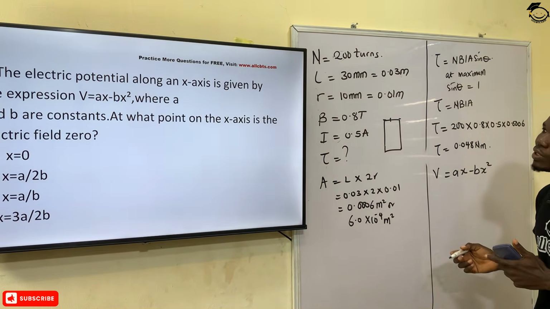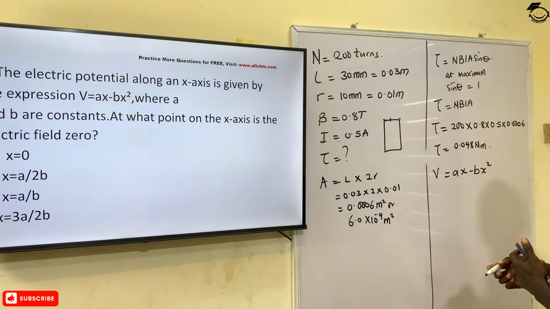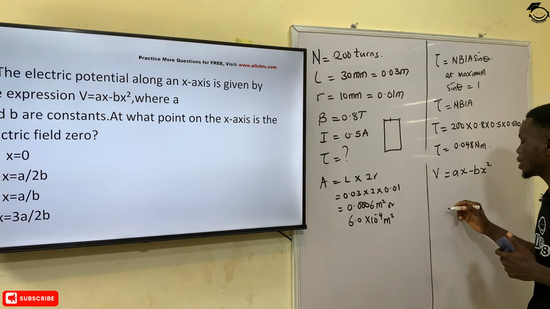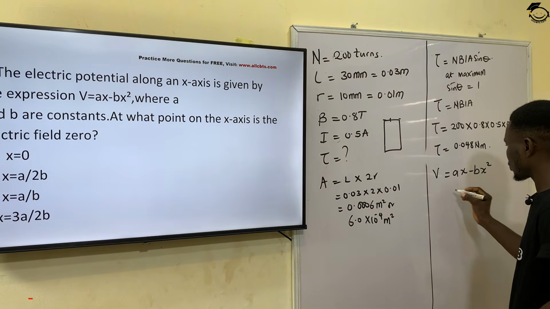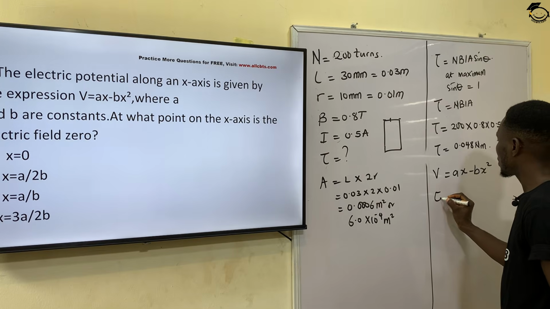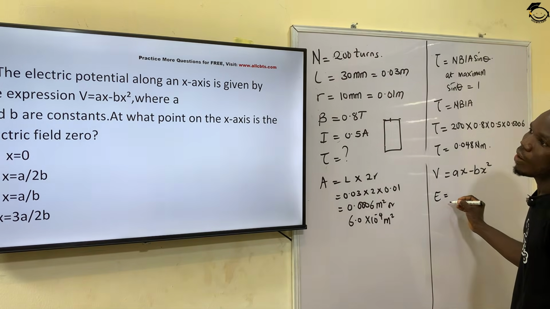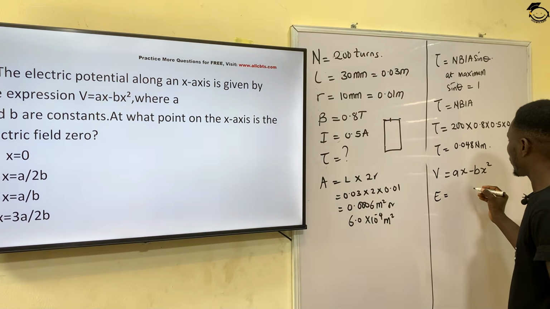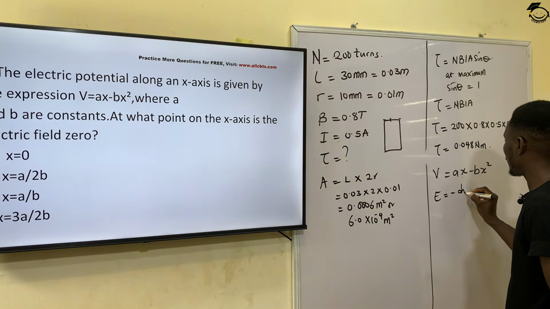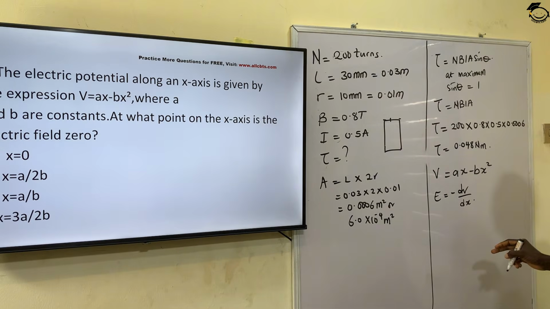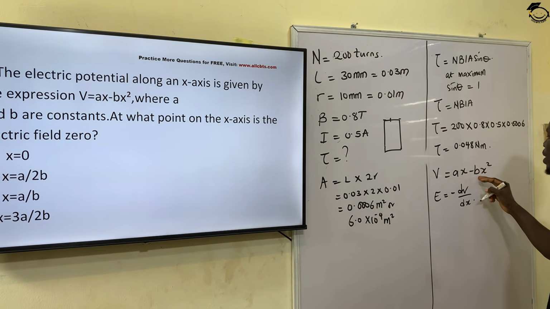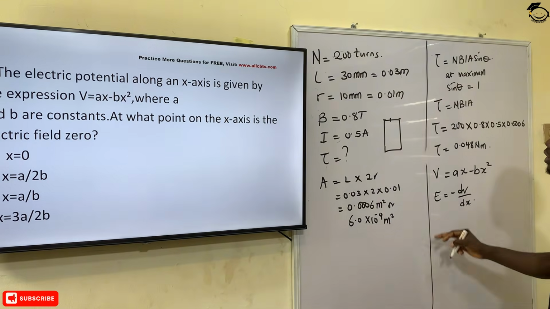The only way to do that is to first differentiate this. Our electric field is given by minus dV/dx, so the negative of the differentiation is what my electric field is.